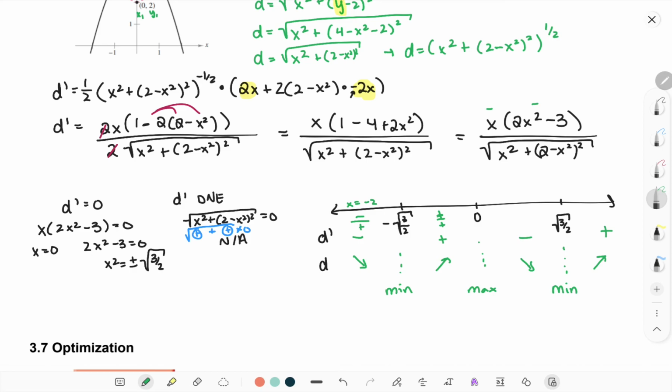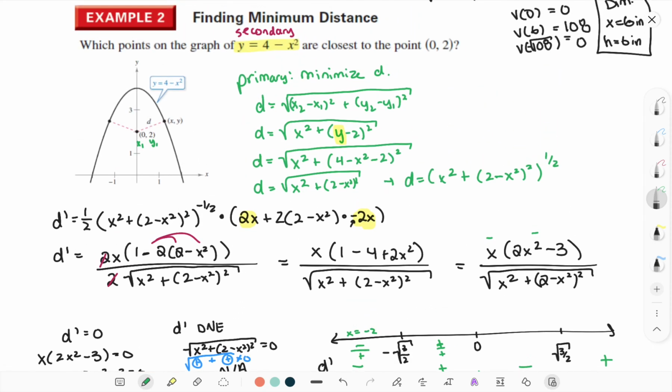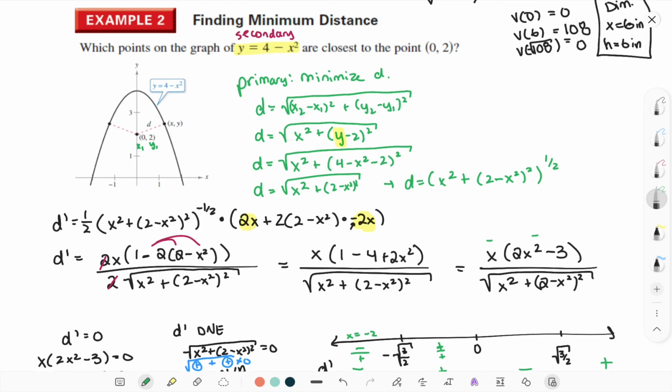So because I have two minimum values, I'm going to check the y values at both. Those are going to be the points to the left and to the right that give me that shortest distance. And they're equidistant, the same distance away, which is why they're both showing up as a minimum, because that's the point where d is the same smallest value.